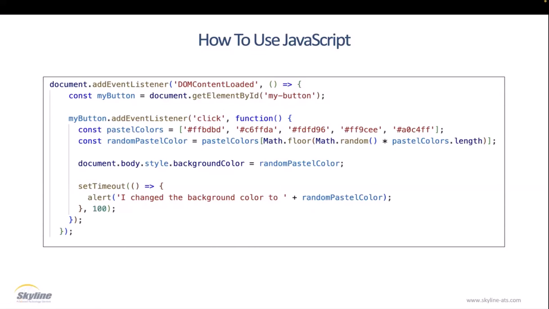And the difference between singular versus plural will dictate whether this is just one HTML element or maybe an array or a list of HTML elements. But what I'm doing here is I'm just saying this variable, my button, should be that button, that HTML item that I've created.